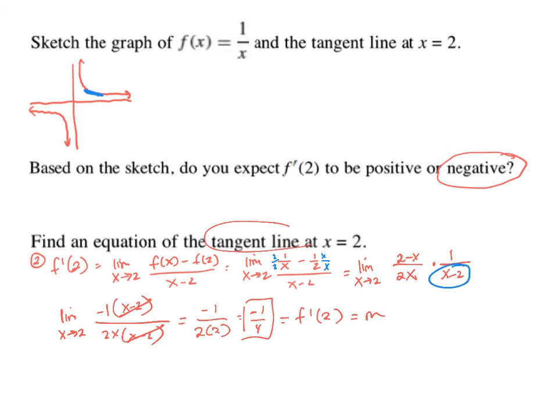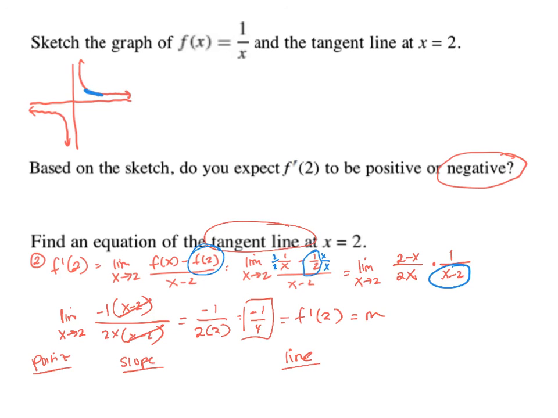Right, if I want the line, I need my point, I need my slope, and then I can write my equation of a line. My point comes from the original. Without even knowing it, you are finding the ordered pair of the original. Right?